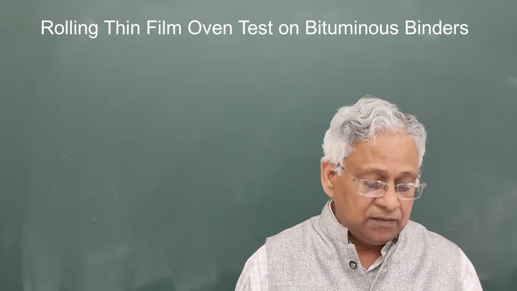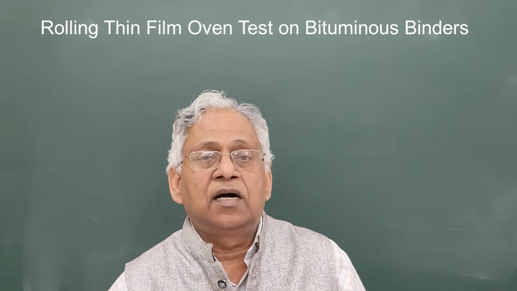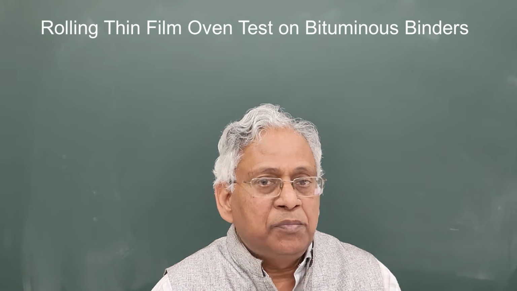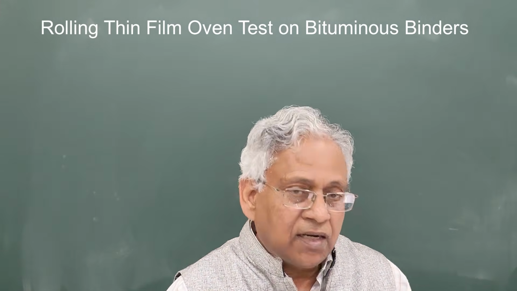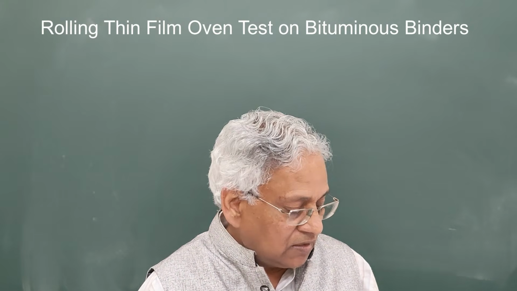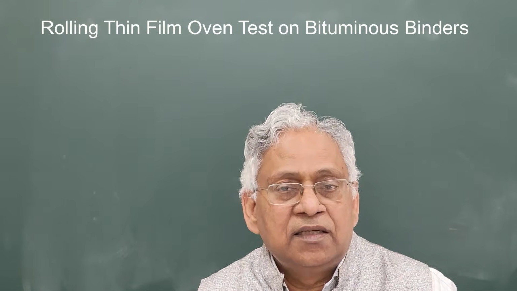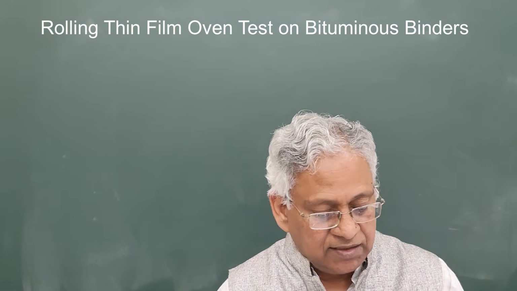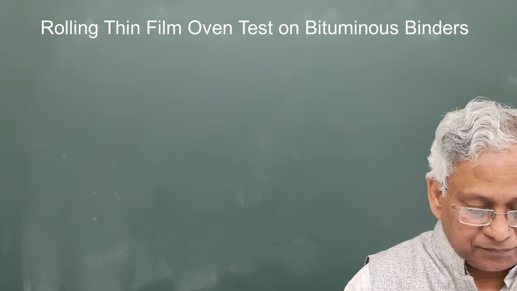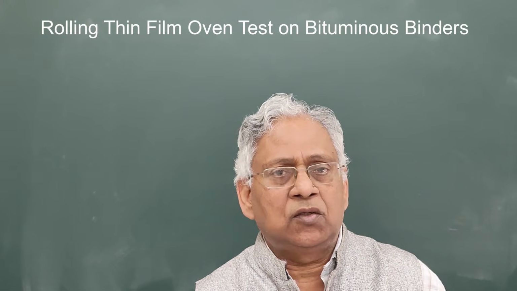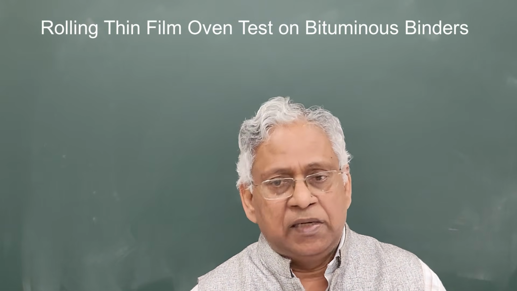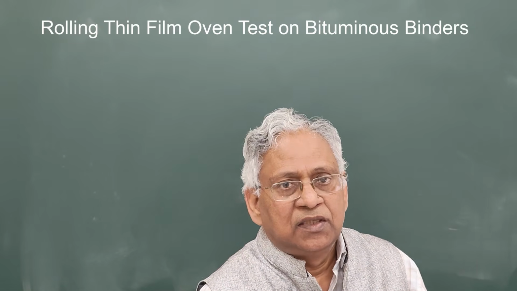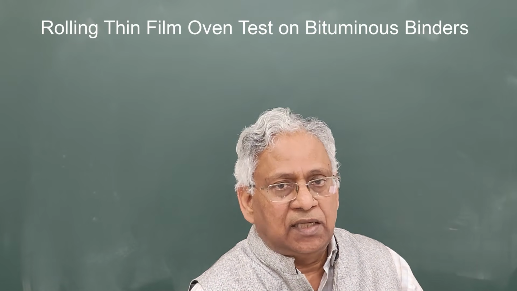If the test is done for further testing on residue, then you need a larger sample. In that case, remove the containers one by one and transfer the content into a bigger container. Some residue will flow automatically and the remaining is to be scraped as much as possible. Carry out all tests required, whether it is viscosity or penetration or ductility, within 72 hours of the test. That is how you do the test.